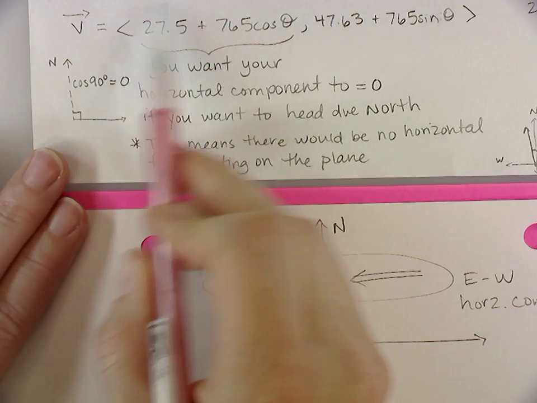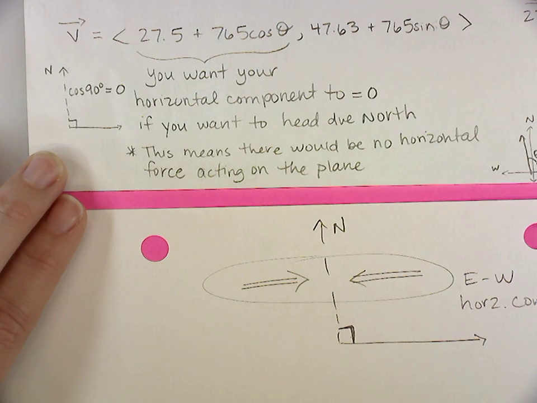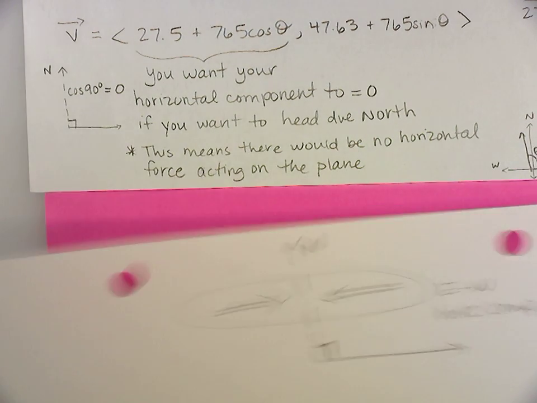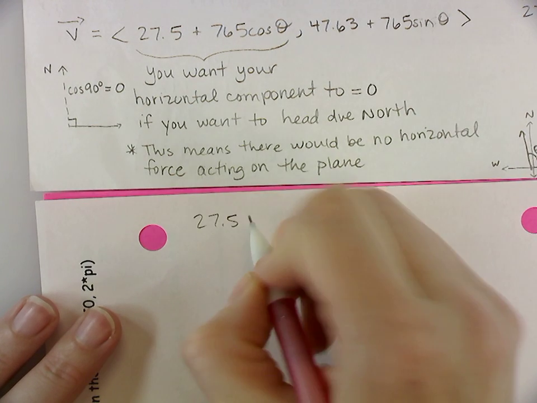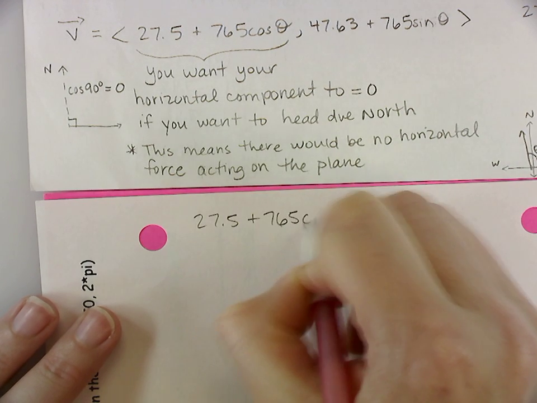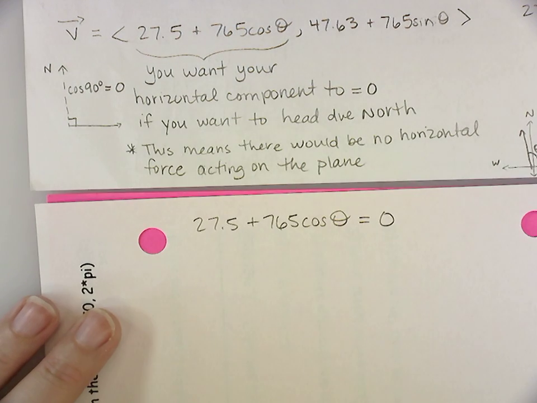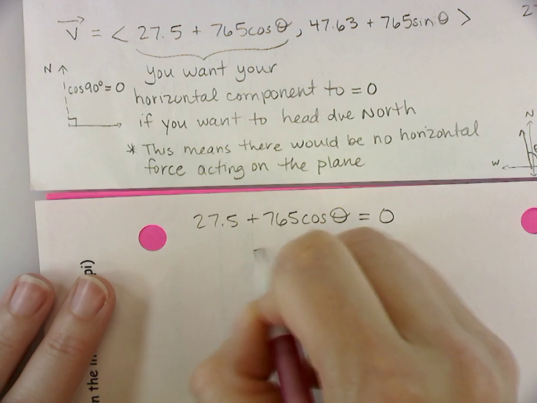So what we can do is take this expression and set it equal to 0 and solve. If I take the 27.5 plus the 765 cosine of theta, and I set that equal to 0, then I can solve for theta.